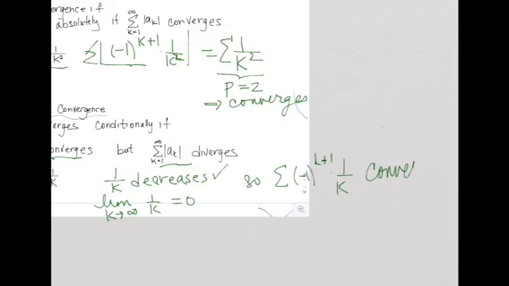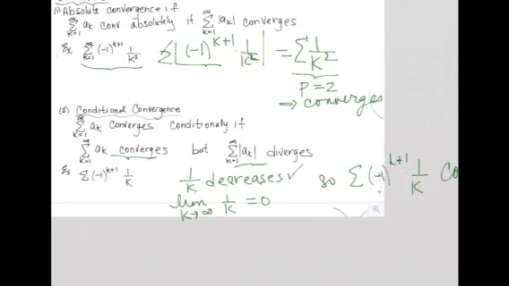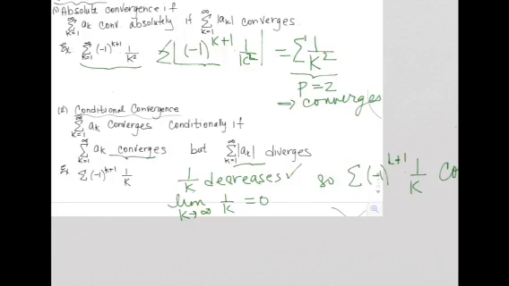However, if you take the absolute value of this series, again, that nullifies the negative component of it, and you are now looking at just the series 1 over k, which is the harmonic series.